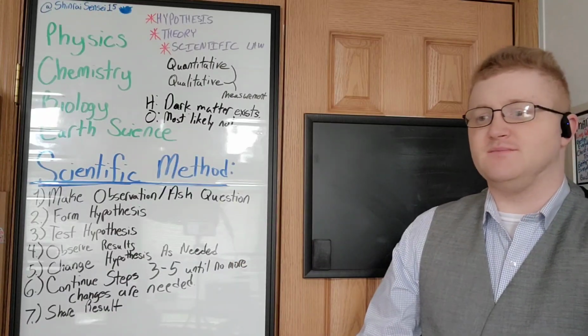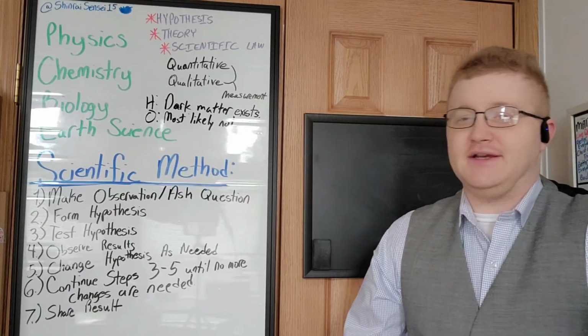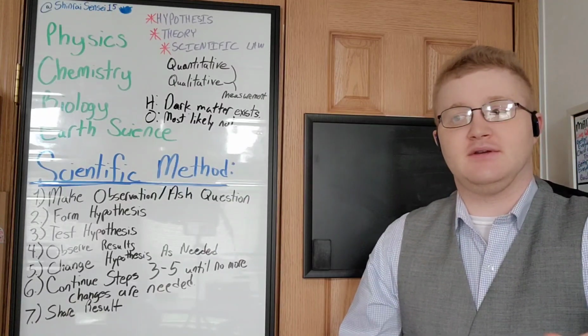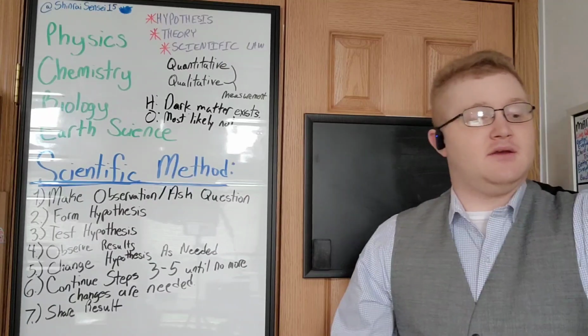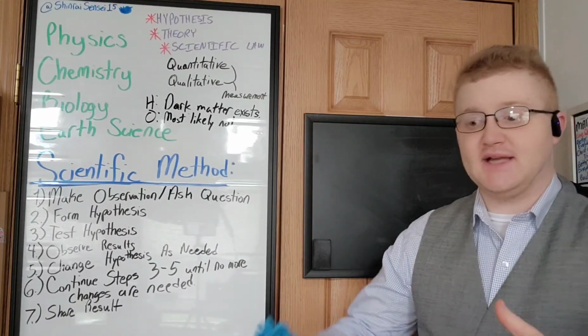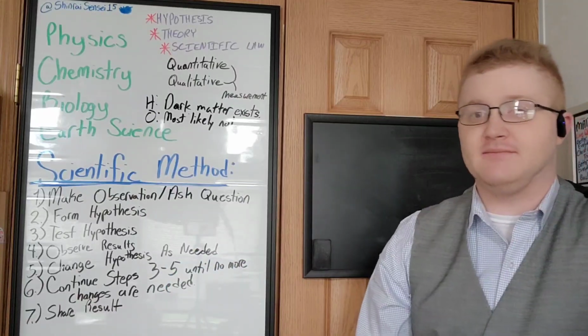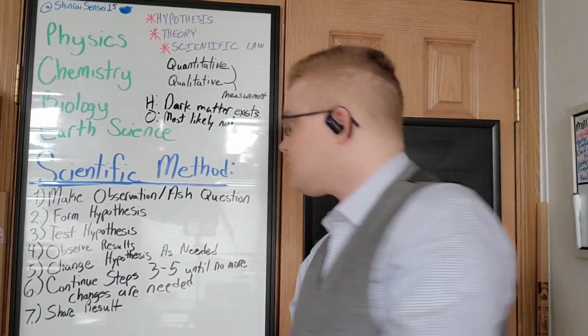And so, once again, like I said, dark matter as a theory does not hold up to scrutiny. And it's not a theory. Based on the concept of theory, hypothesis, and scientific law, it's not even a theory. But we'll get into that.